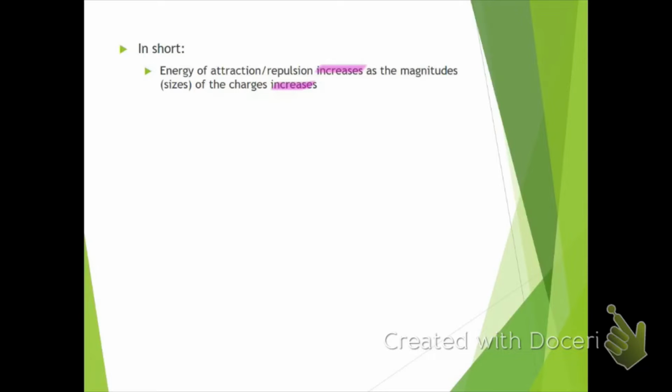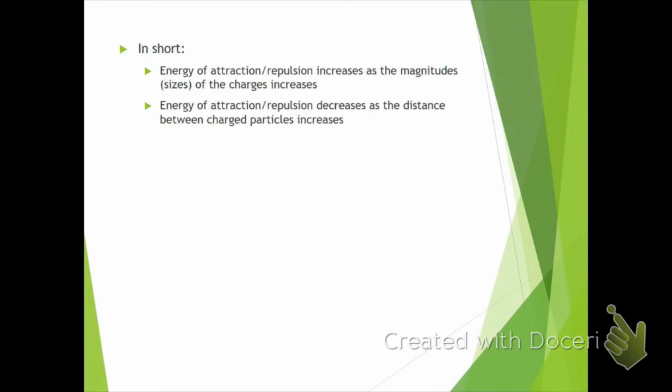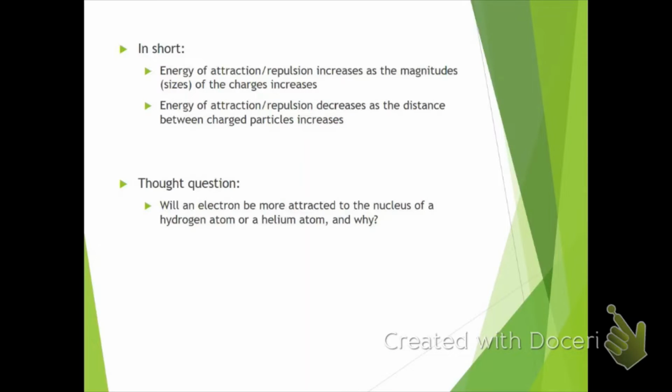So we had that direct relationship between the magnitude of the charge and that force of attraction. When we're looking at the radius piece of this, as we decrease the radius, that's when we're going to have the greater energy of attraction. So again, we had that inverse relationship between those two pieces.